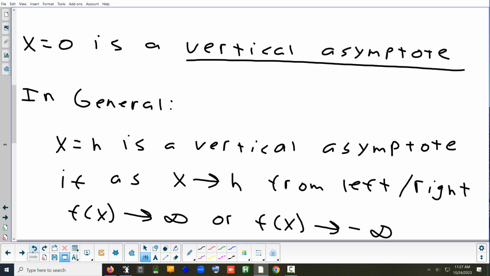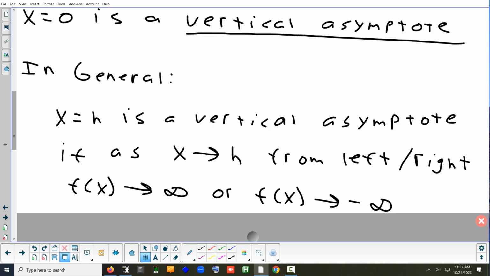As you approach a number from the left or the right, if it curves up or down, that's a vertical asymptote. And I think I'm going to write it in a second, but it's where the denominator equals 0. I think that's the next thing.